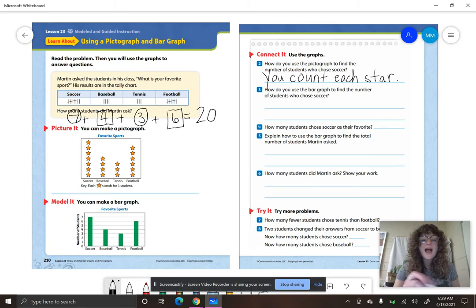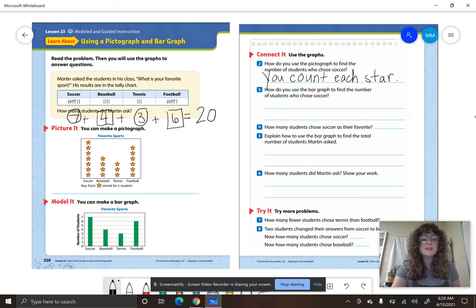So how would we use the bar graph to find how many students chose soccer? What would we need to look at, Smarties? We would need to see where our bar matches the number of students.